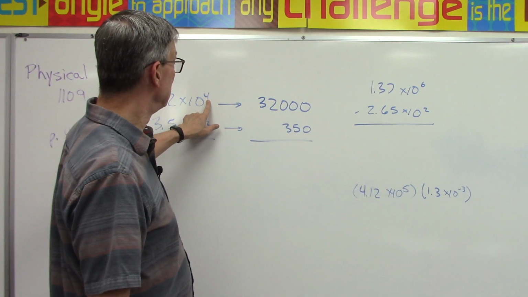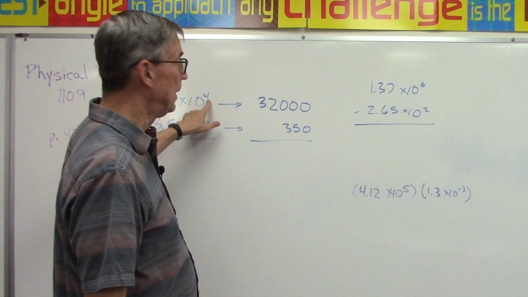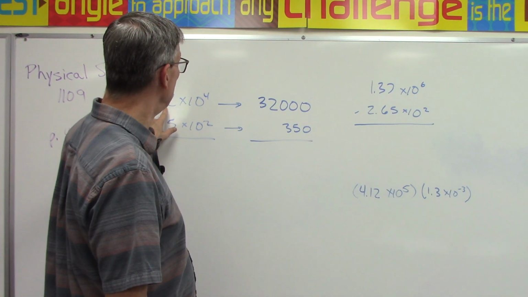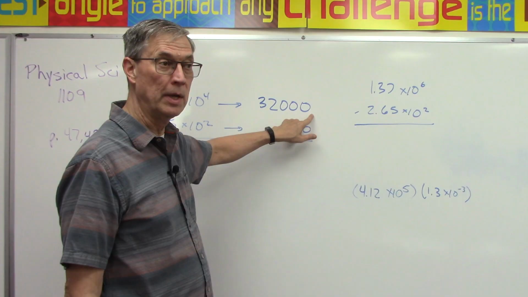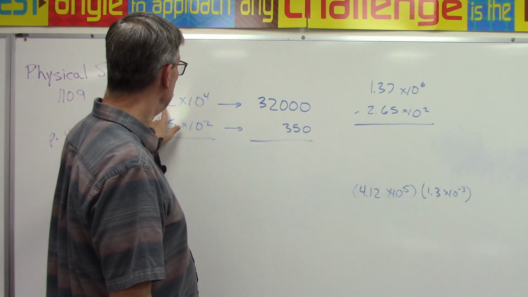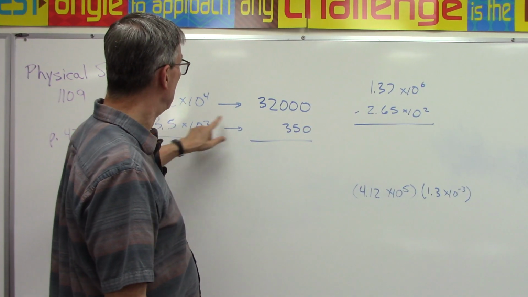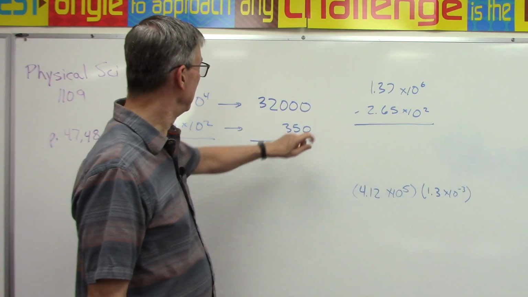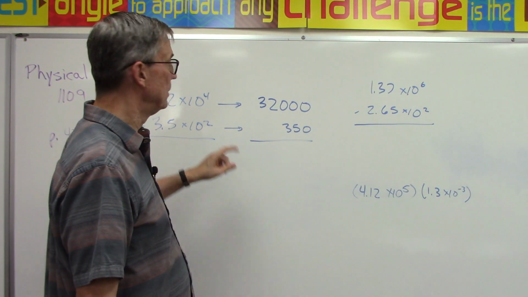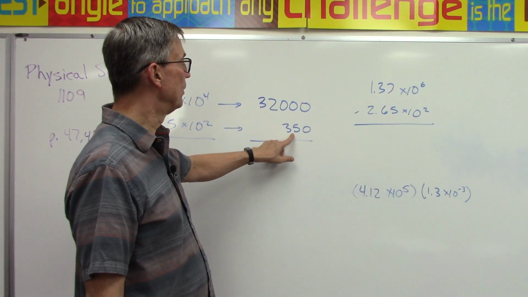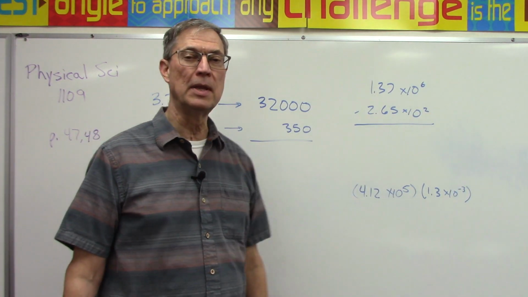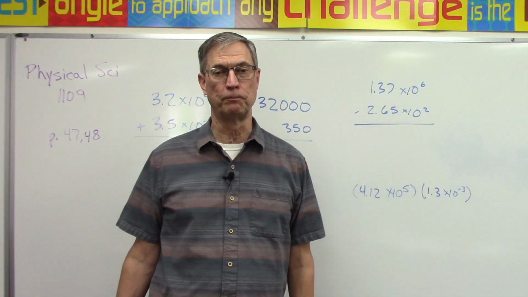Since it's times 10 to the positive 4 power, I'm going to move the decimal 4 places to the right: 1, 2, 3, 4, I'm right here. For 3.5 times 10 to the 2nd, we're going to move it 2 places, so it goes from between the 3 and the 5 to the end of the 35. That's 350.